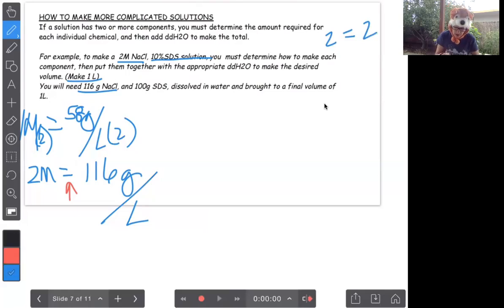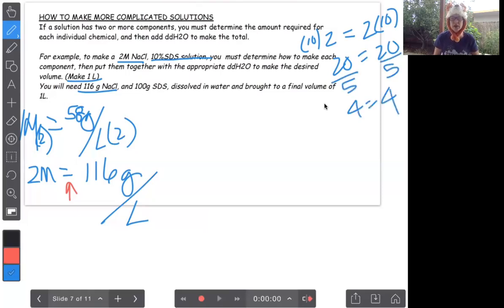What if I multiplied both sides by 10? Does 20 equal 20? Yeah. What if I divide both sides by 5? Does 4 equal 4? Yeah. So you can do the same thing as long as you do it to both sides. So that's a little way to trick that up a little bit.